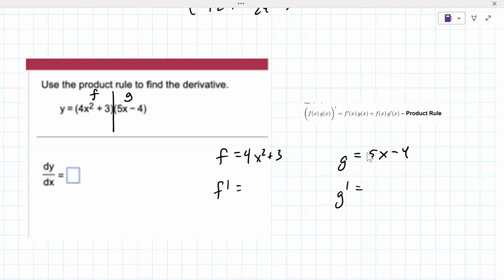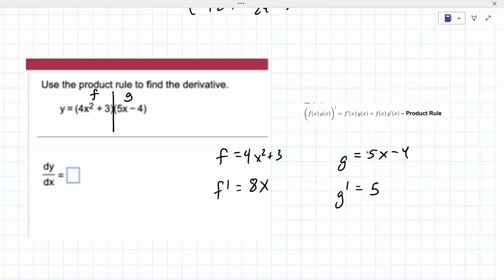The first one for F, would it just be 8x to the first power? 8x, yep. Or just, yeah, 8x. How about the second one? And then the second one would just be 5, right?